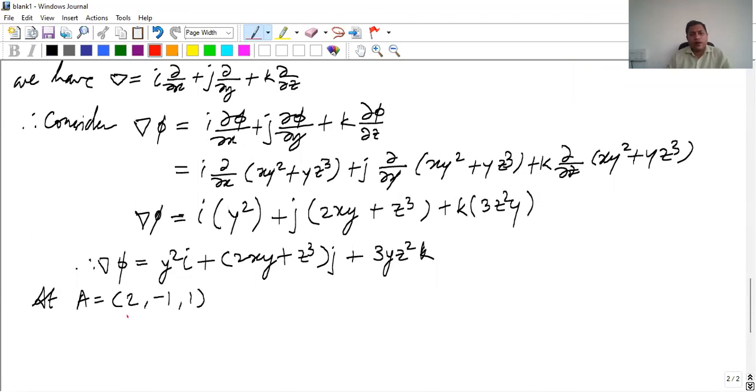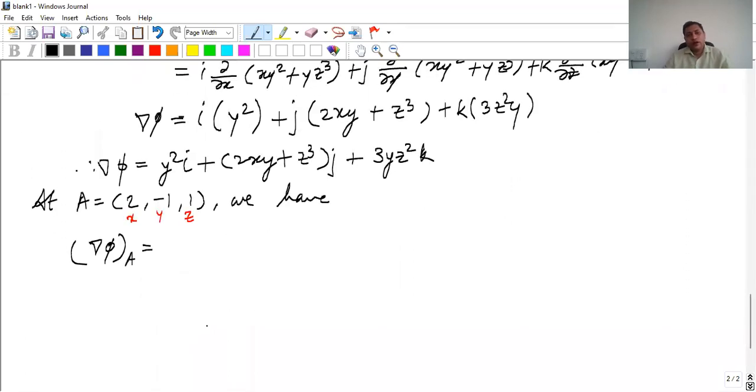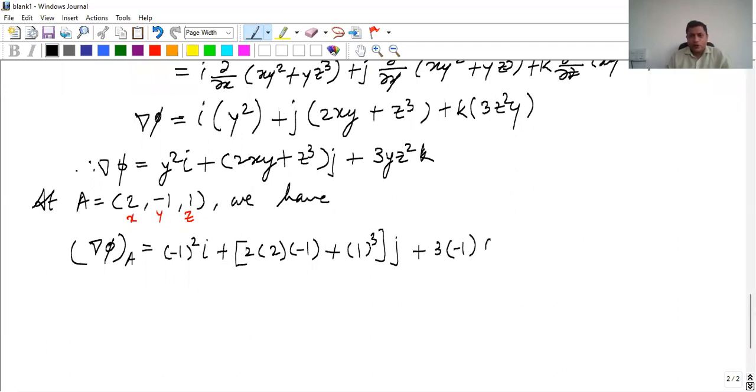Here the value of x is 2, the value of y is minus 1, and the value of z is 1. So del phi at A is equal to (-1) square i plus (2 into -1 plus 1 cube) j plus 3 into -1 into 1 square k.